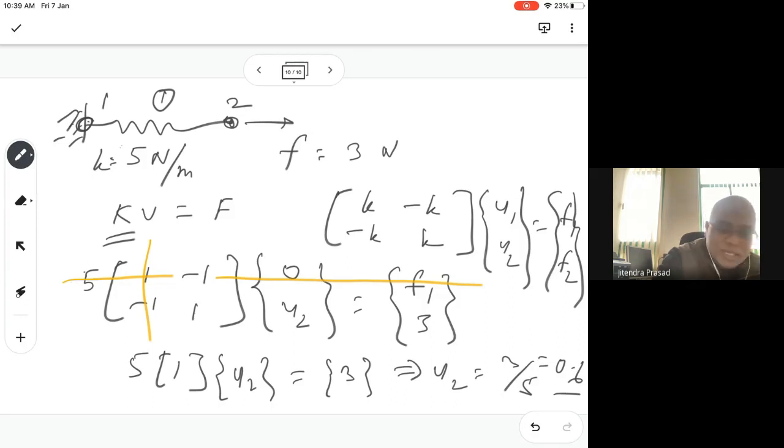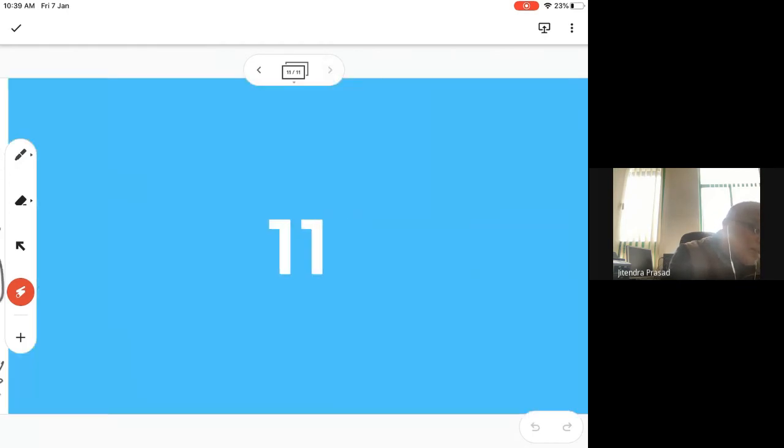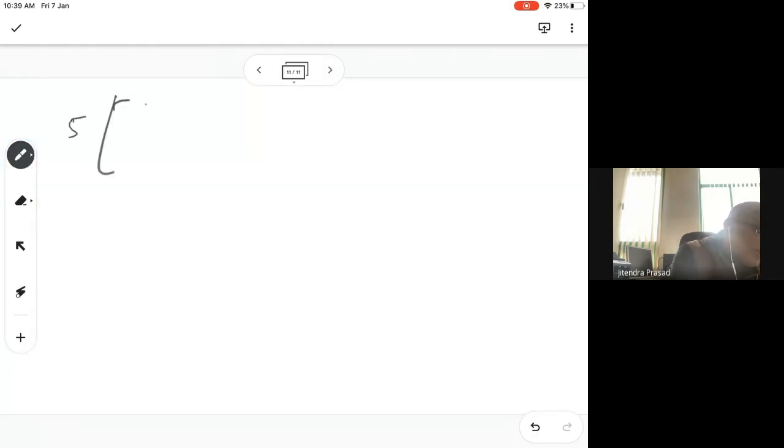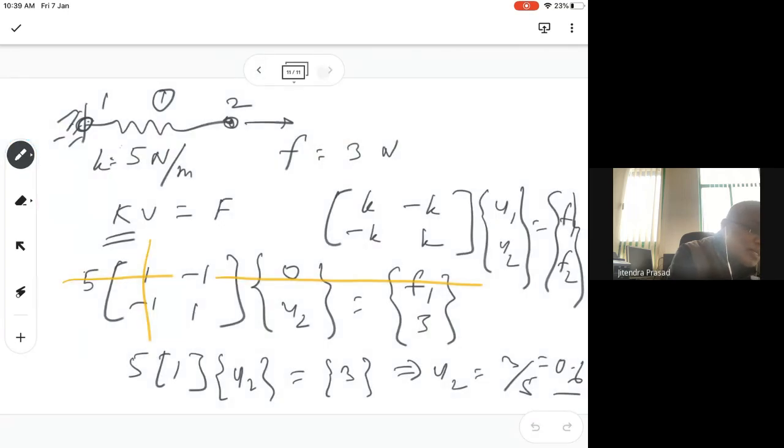U2 equal to 0.6. Now that you have U2 equal to 0.6, you can put the value here and get F1. So now we write the whole equation: 5 times [1, -1; -1, 1], and then 0 and U2 equal to 0.6 that we calculated.